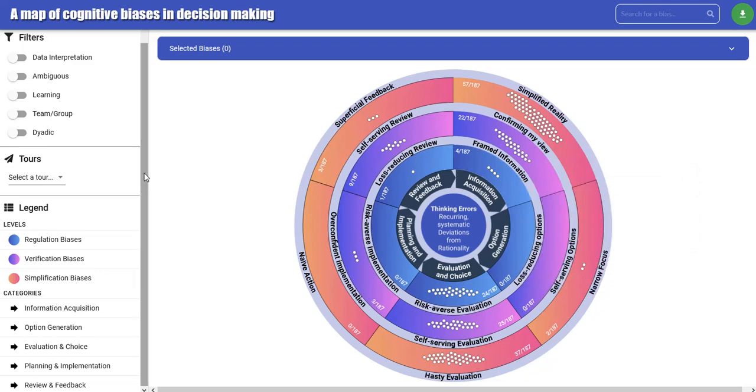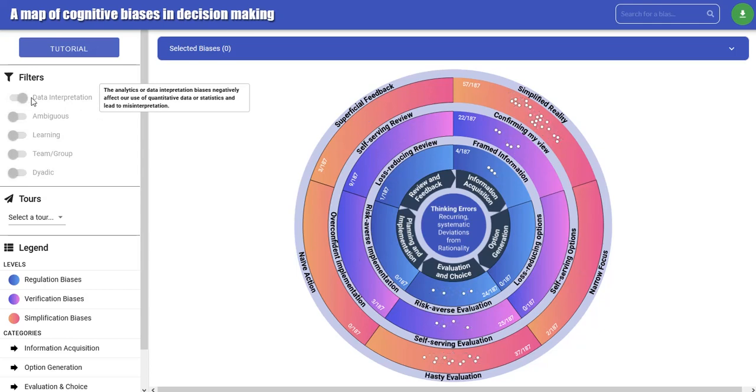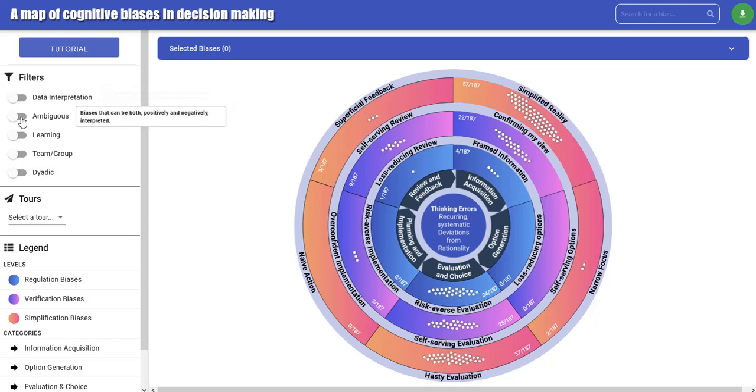Another way to navigate through this map are filters. Filters show you some specific biases. For example, if you're looking for data interpretation biases, biases that influence the analysis of data you gathered from somewhere, then use this specific filter. Or you will find ambiguous biases, biases that can be both positive and negative for your decision-making process.